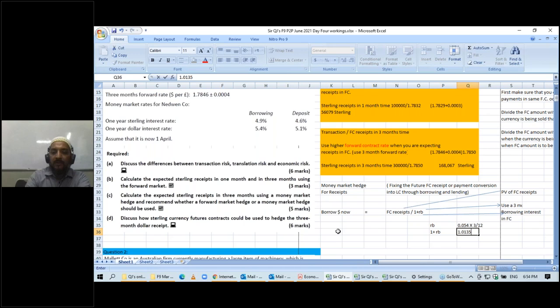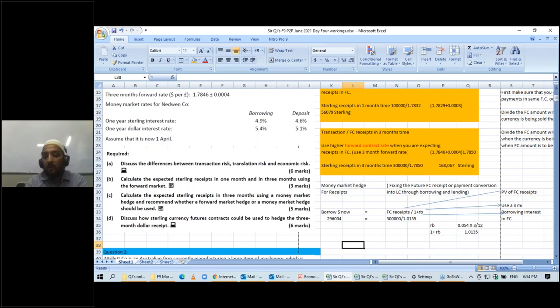Now the foreign currency receipts were 300,000 in 3 months time. Divide this by 1.0135. This gives you the present value of the foreign currency receipts, which is 296,004. This is the dollar amount that you will borrow, not 3 lakhs.